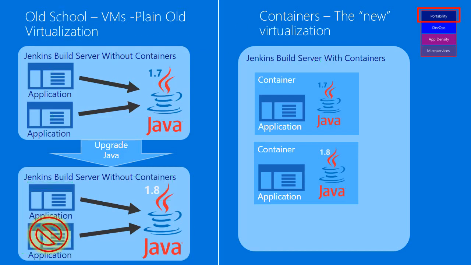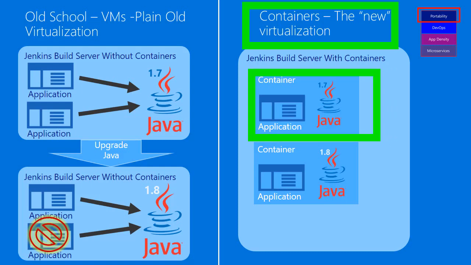Now contrast that with the world of containers, the other form of virtualization here. So again, now we're running a containerized workload. Notice that my application 1 comes with version 1.7. And sure enough, container number 2 over here, running my second application, comes with its dependencies, which is 1.8.